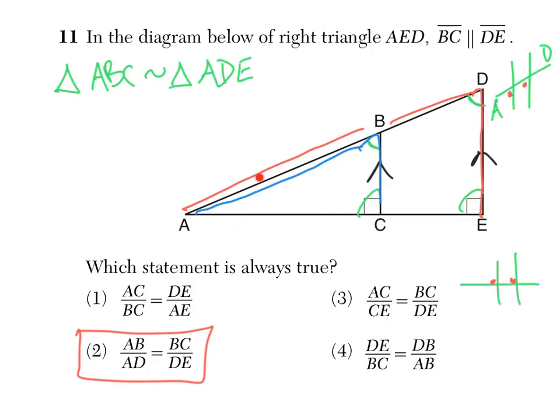So I see that we've got the hypotenuse of the small over the hypotenuse of the big equals the short side of the small, this blue triangle, over the short side of the big. So we've got AB over AD equals BC over DE. So you're going to think about the order of the letters. You're going to think about what it looks like visually to establish that this proportion is in fact true.